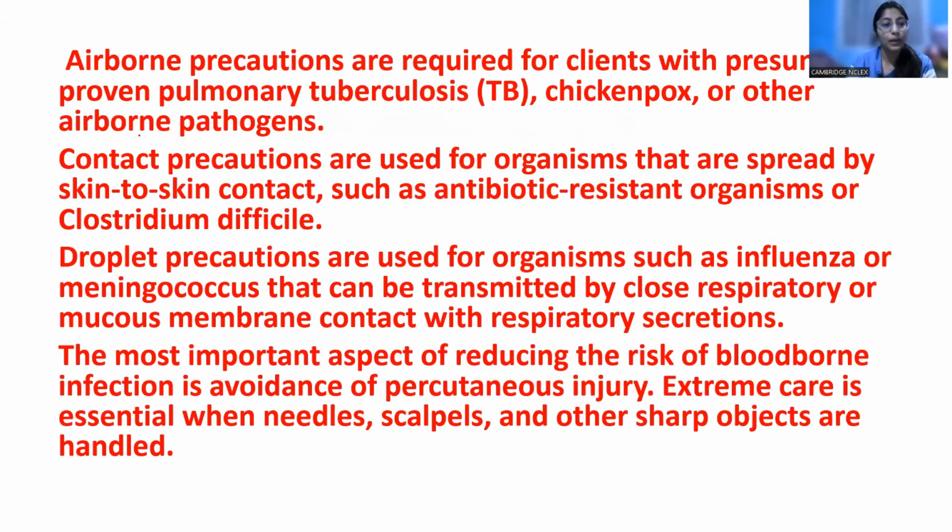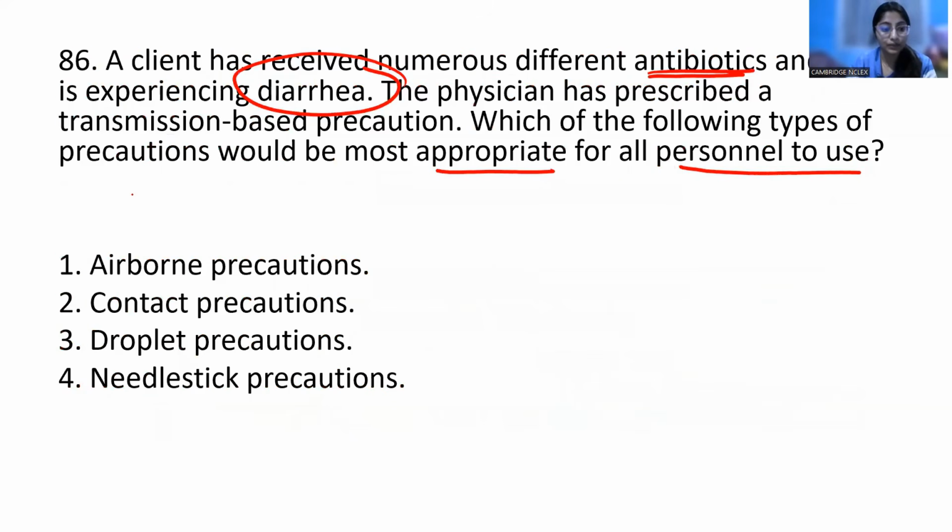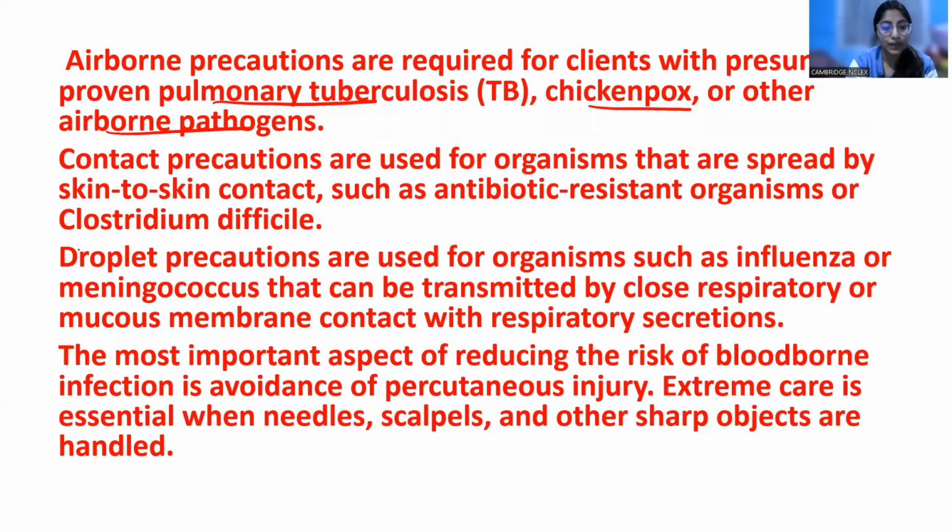So we need to remember that airborne precautions are required for patients with suspected or confirmed pulmonary TB, chickenpox, or other airborne pathogens. So that's not what we'll apply here. Second is contact precaution.